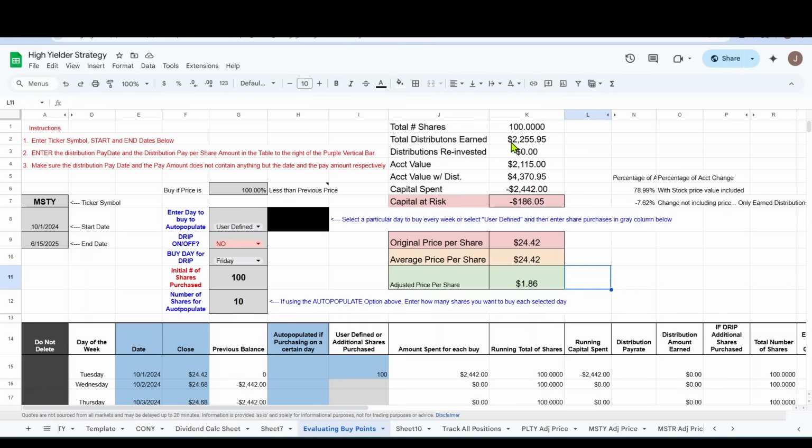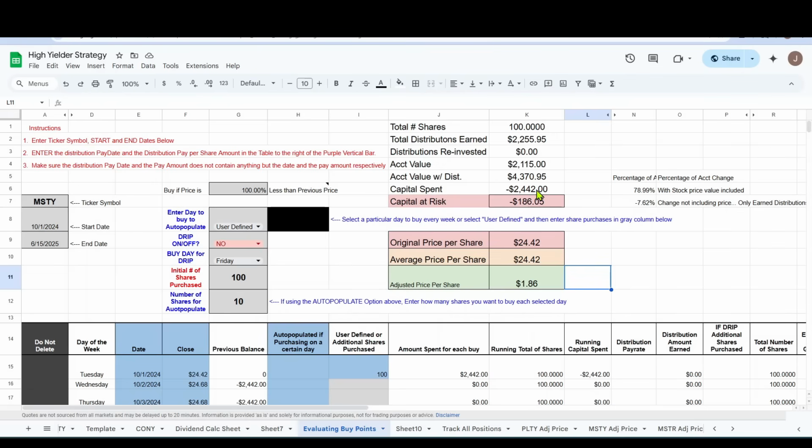Basically, you would need somewhere around that $22 range. Because if we've earned back $2,200 in distributions, and if we bought it at a $22 price per share, then the capital spent would be roughly the same as the distributions we've earned. So therefore you have earned back all of your capital.